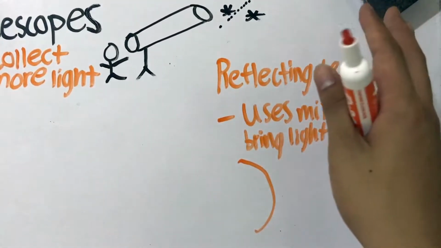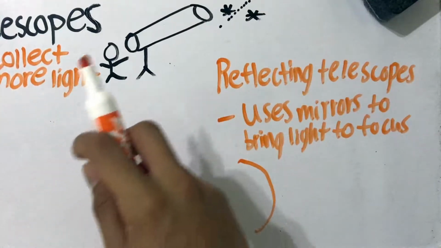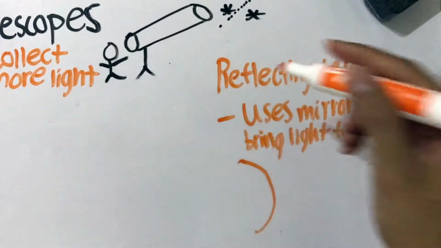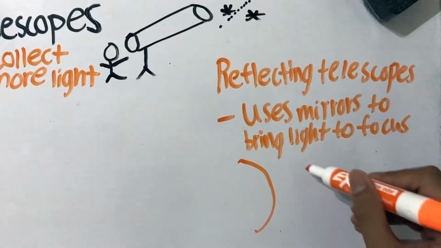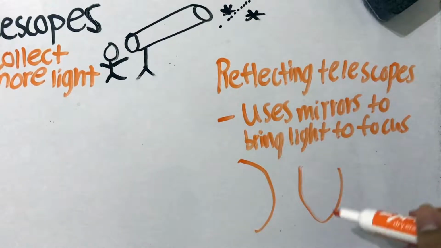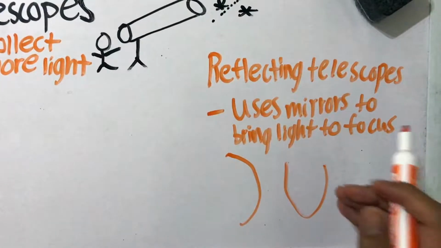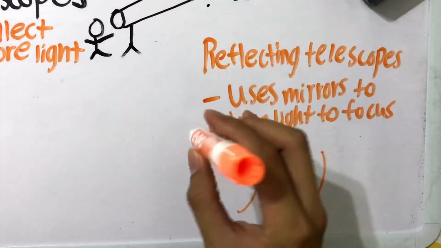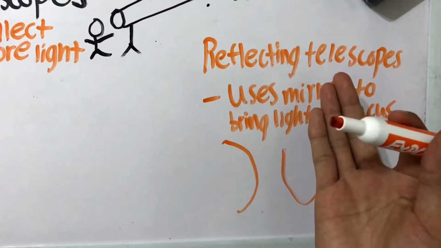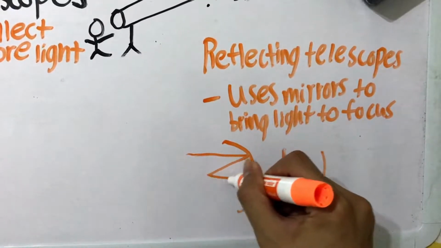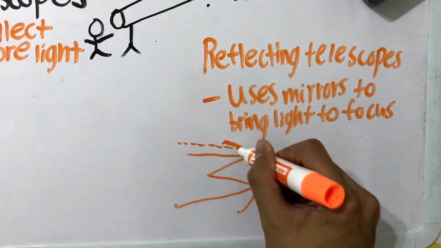So they came up with another solution, and that was using a paraboloid mirror. So usually you would see a parabola like this, U-shaped, and this structure provided a solution for astrophysicists to solve this problem. I'm going to quickly illustrate this so you can get a better understanding. We have the light rays coming in here.